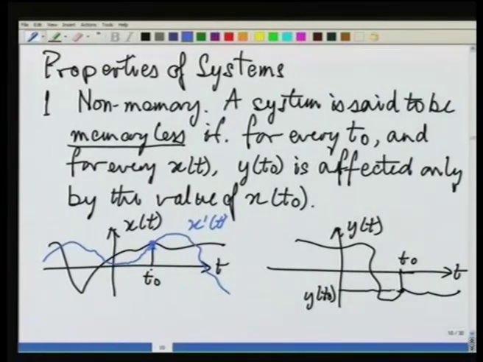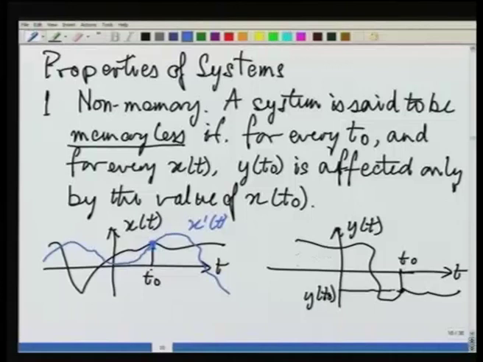The argument about the property of memoryless systems is that the output corresponding to this new signal x dash t, which I will call y dash t, will probably be different from y t at other points of time, but at the point t naught it will match y t. So, perhaps y dash t could be something like this.